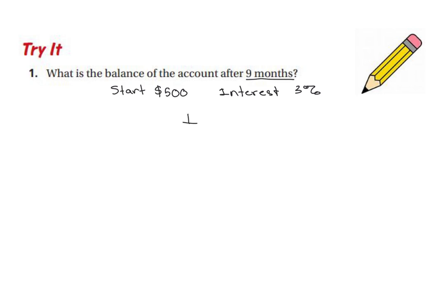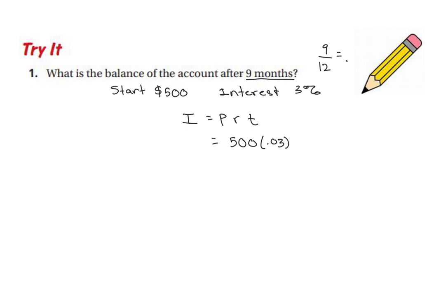So we start with simple interest equals principal times rate times time. Our principal is $500. Our rate is still 3%, so 0.03. And our time is 9 months. So 9 months out of a year is 12.